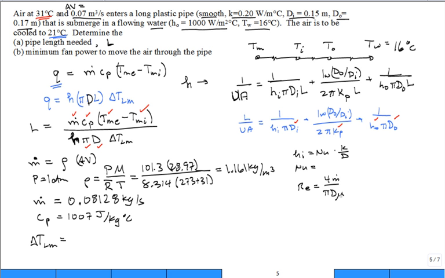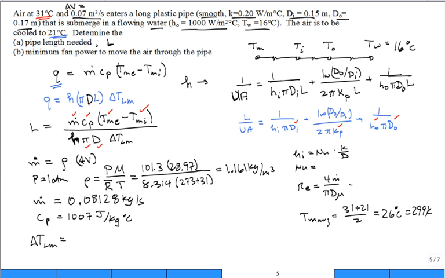So we need to calculate that viscosity at the average mean temperature, which is 31 plus 21 divided by 2, that's 52 divided by 2, that's 26 degrees C, add 273, and you get 299 Kelvin, close enough to 300 Kelvin, so you get the viscosity of air at 300 Kelvin in the back of the book.